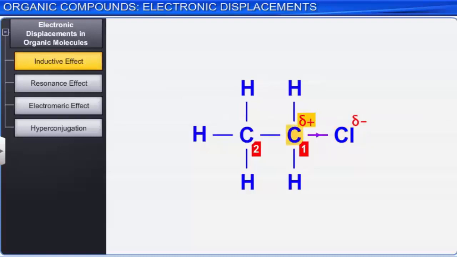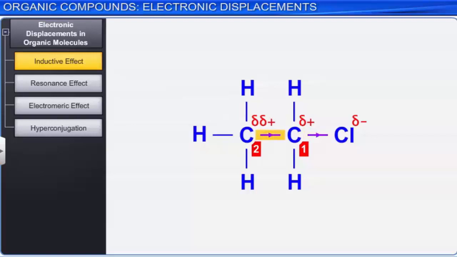The partial positive charge on C1 draws some electron density towards itself from the adjacent carbon-carbon bond. This causes C2 to acquire a small positive charge. The delta plus represents a relatively smaller positive charge as compared to that on carbon-1. Thus, the carbon-chlorine bond induces polarity in the adjacent bonds.